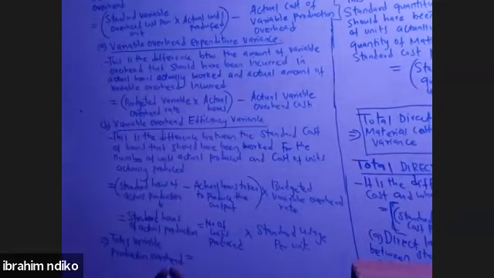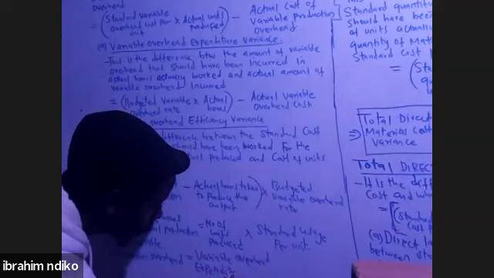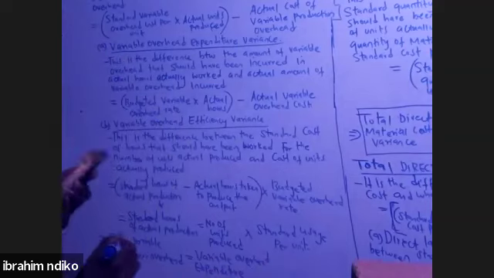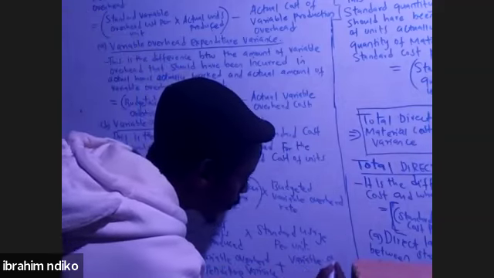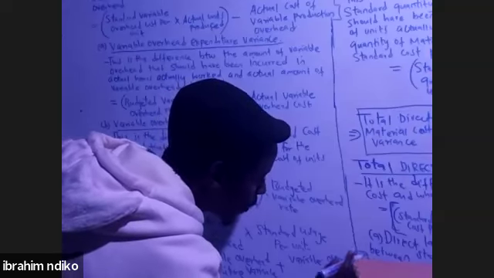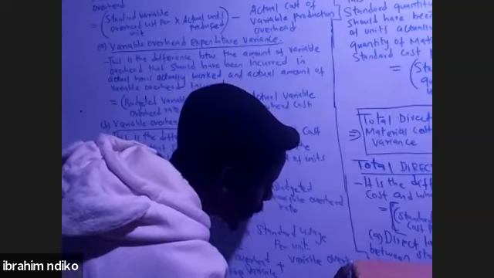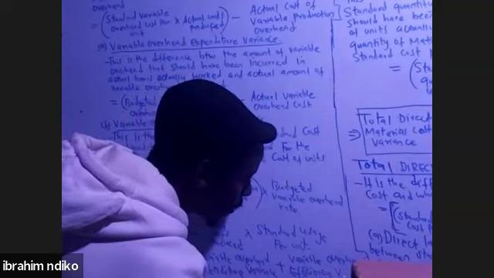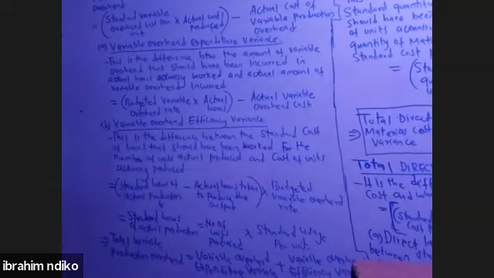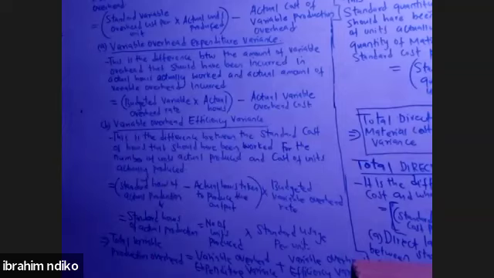So we take the variable overhead expenditure variance, then you add the variable overhead efficiency variance.